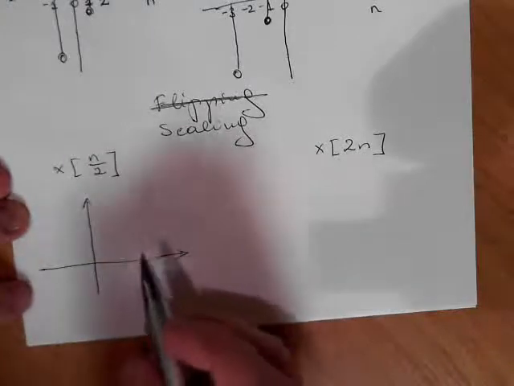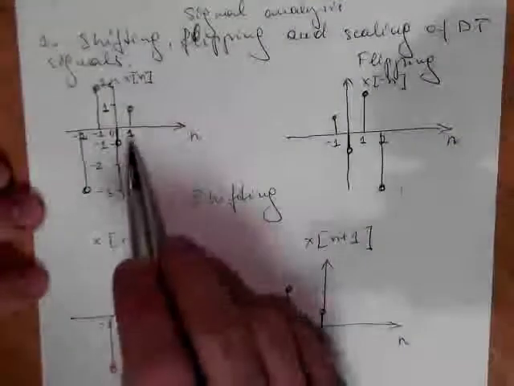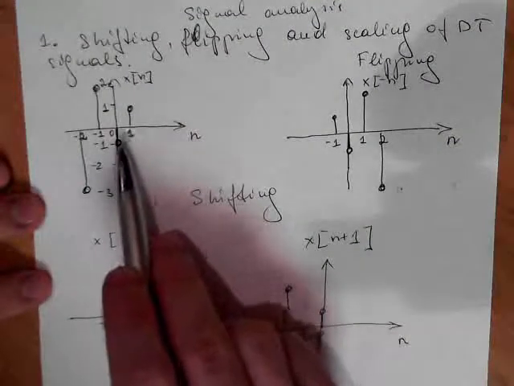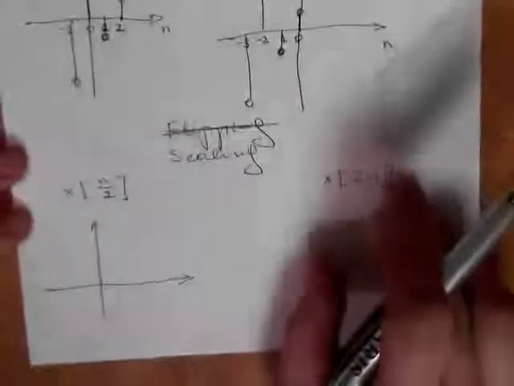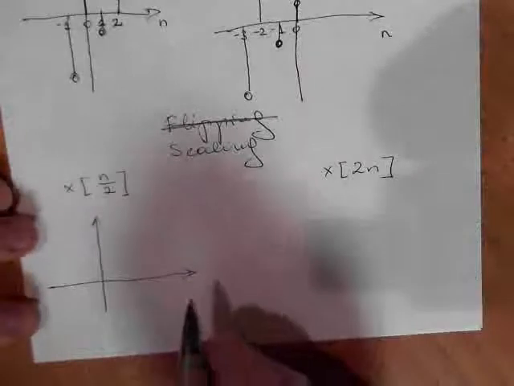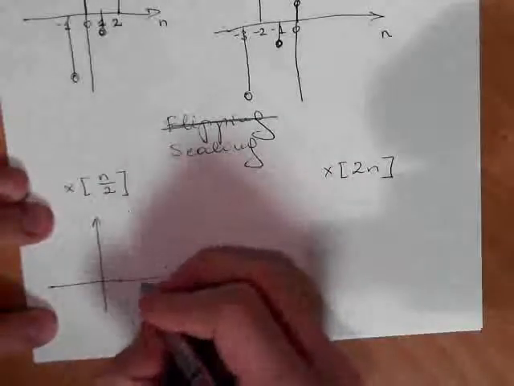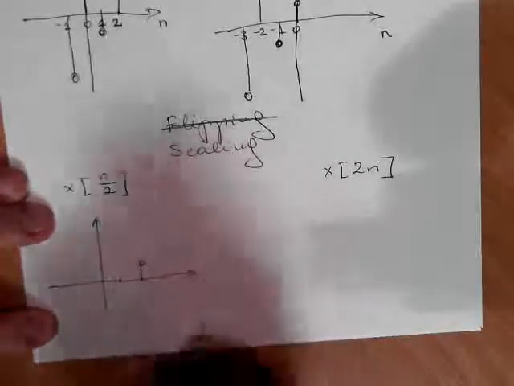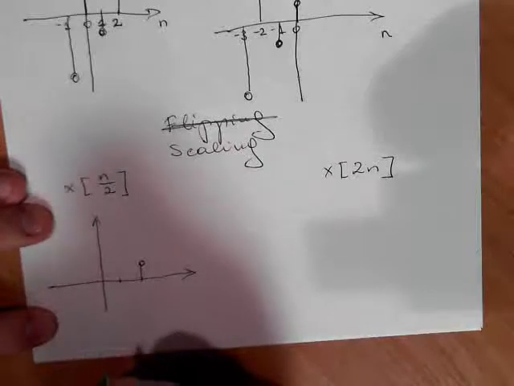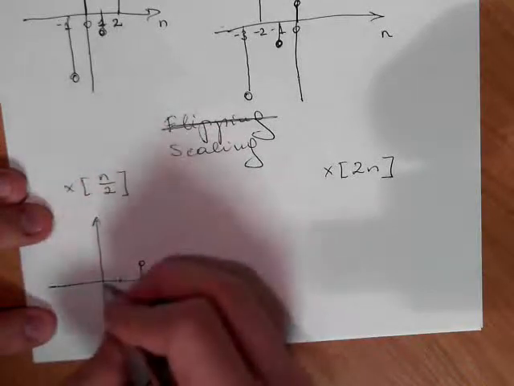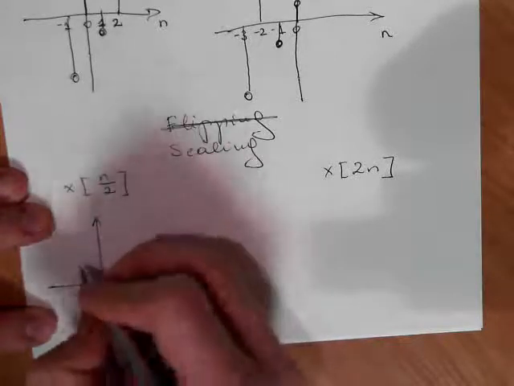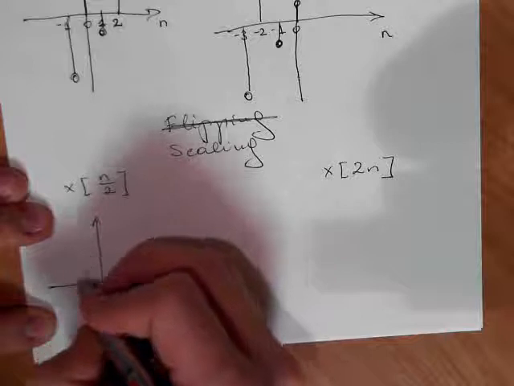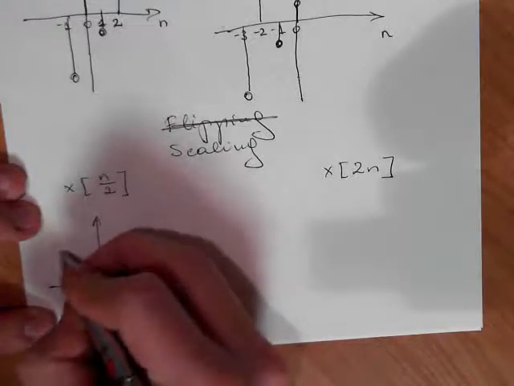So we had our signal and now it looks like this. What was on 1, we need to multiply by 2. So when we multiply by 2, what was on 1 is now on 2. What was on 0 stays on 0. What was on -1 goes on -2.